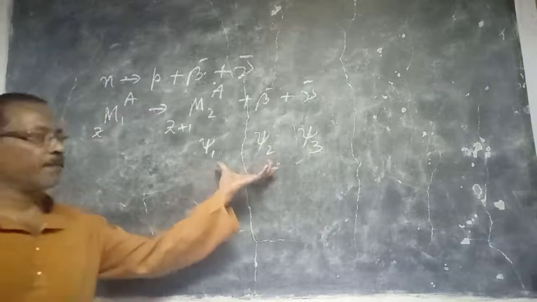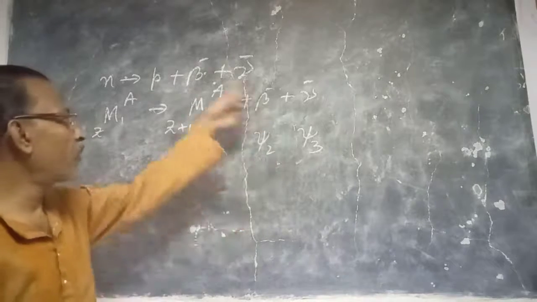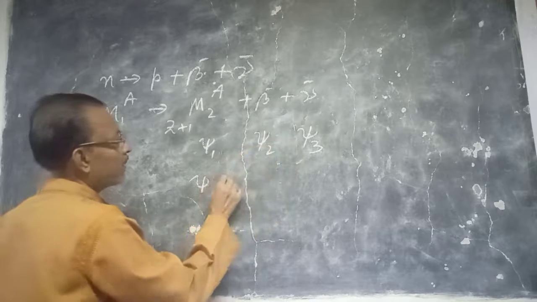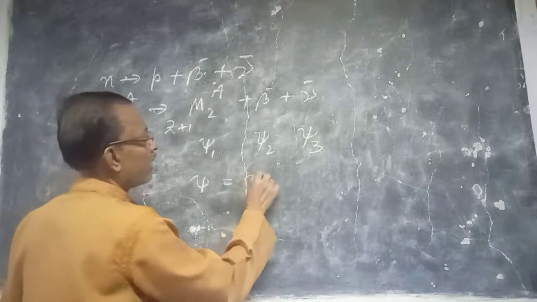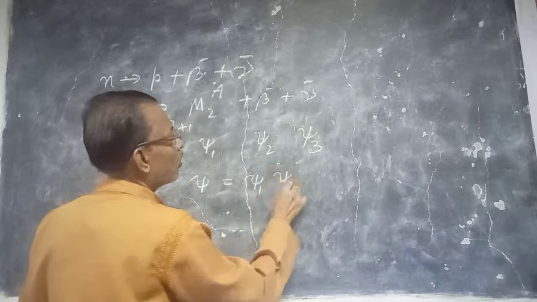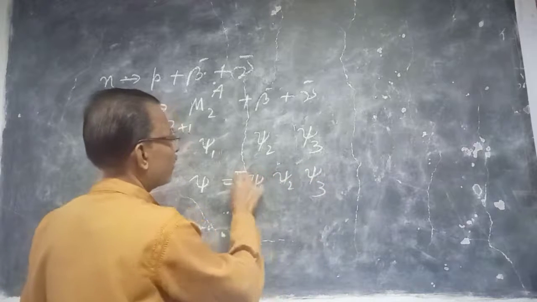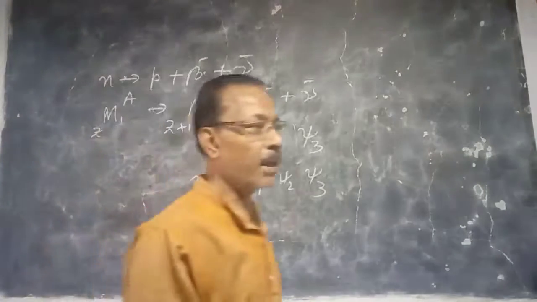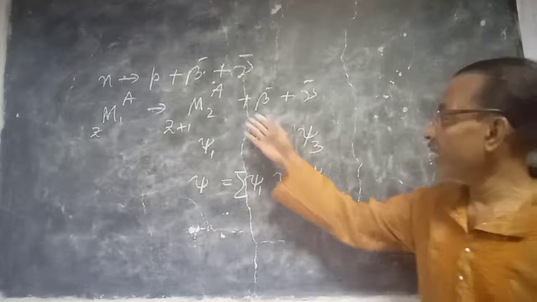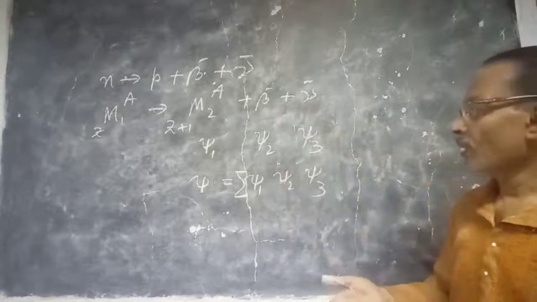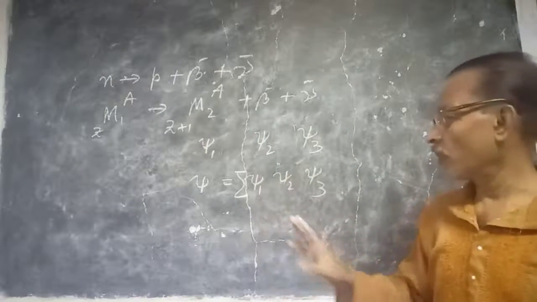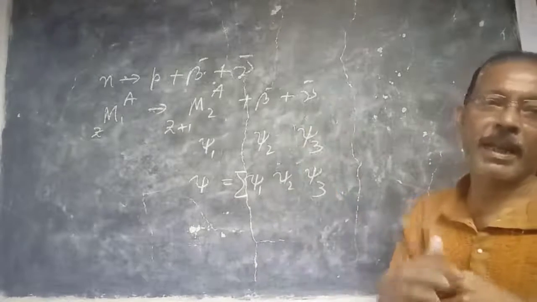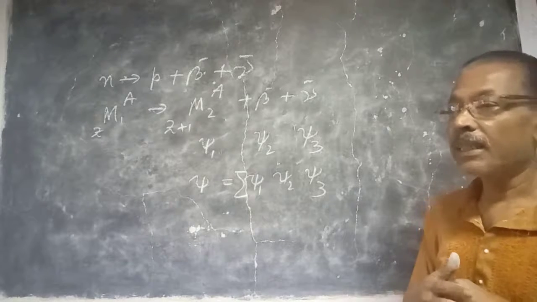The final total wave function of this system must be expressed in terms of the sum of psi 1 into psi 2 into psi 3, summed over all final accessible states. They may go to any available energy state after transition. In which state they will go, we don't know. But we have to calculate the transition rate from the initial state to any final accessible energy state.